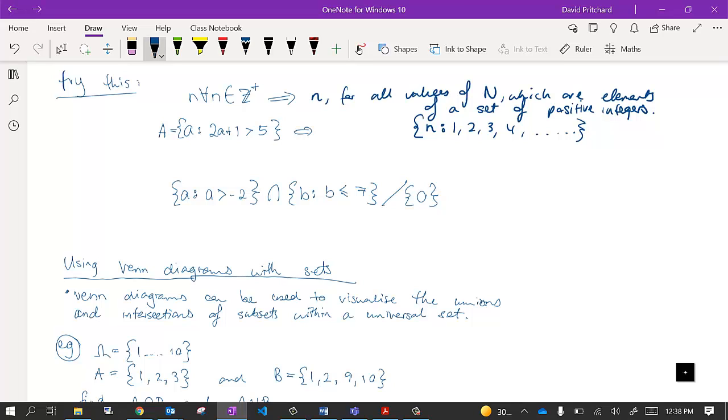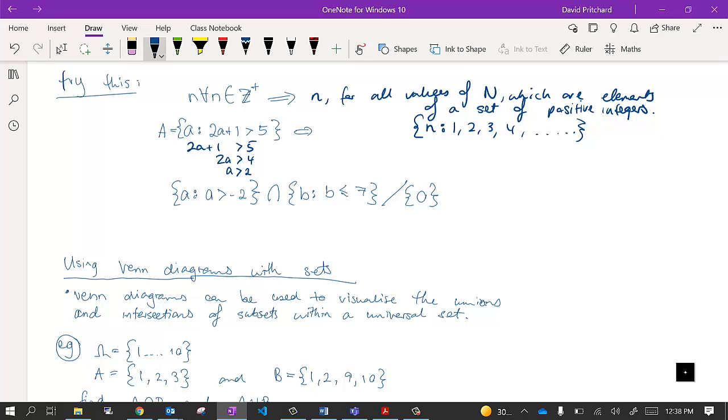Okay, so our second one here is that set A is a set with a, or little a, such that 2a plus 1 is greater than 5. If we can solve this inequality, then that gives us all the values that a can be. So we've got 2a plus 1 is greater than 5. Subtract 1, we've got 2a is greater than 4, divide by 2, and a is greater than 2.